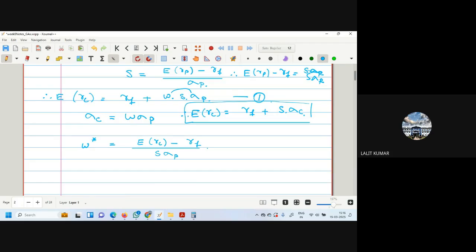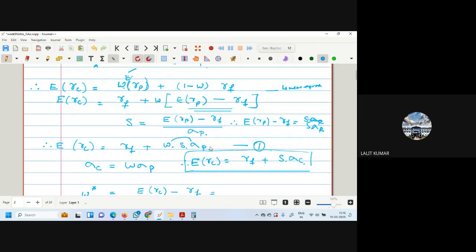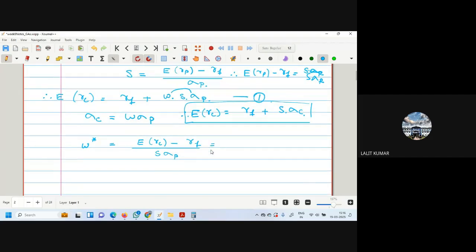Is this okay? Now, this ERC which is there, I can find from RF plus W into ERP minus RF. This was the formula.